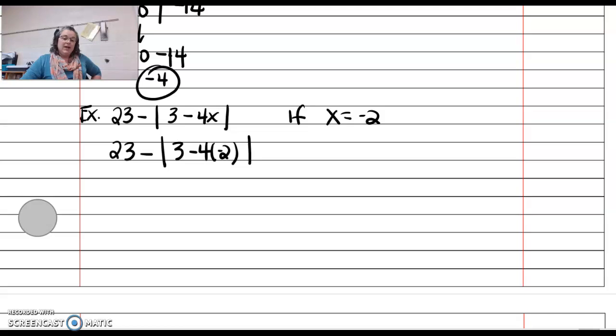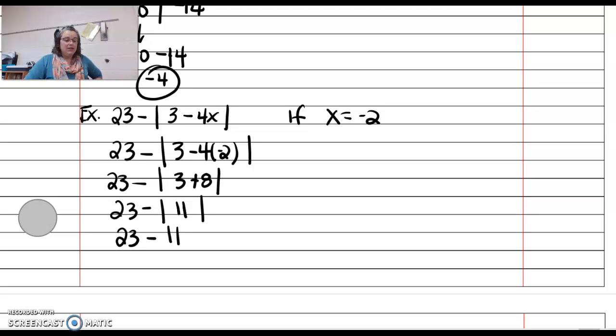Work your way from the inside out. So you have 23 minus the absolute value of 3. -4 times a -2 gives us -8. Oh, nope, that gives us a +8. So 23 minus the absolute value of 11. 23 minus, well, the absolute value of 11 is 11. So 23 minus 11 is 12.